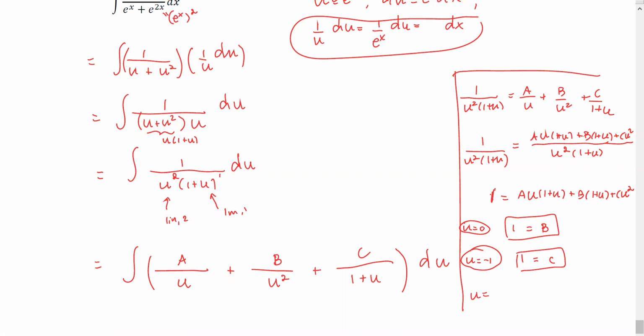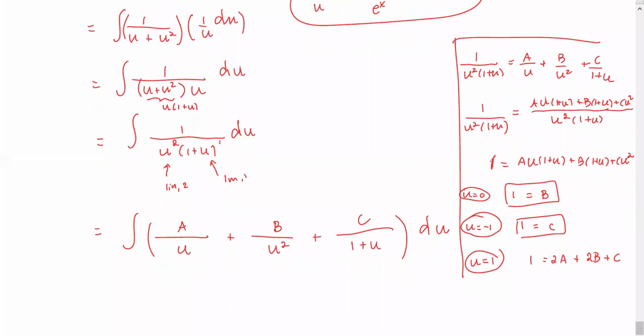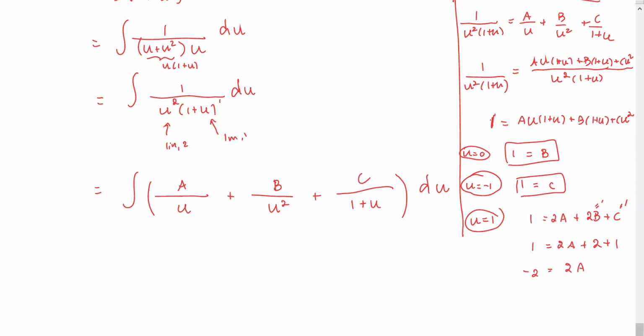For example, if u equals 1, the left-hand side is still 1. The right-hand side is going to be 2 times a plus 2 times b plus c. Since c is 1, b is 1, we have 1 equals 2a plus 2 plus 1, or 2a equals negative 2. That gives us a equals negative 1.